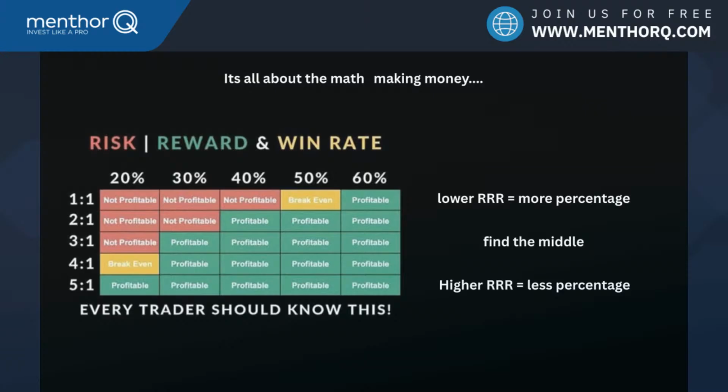On the other hand, if you are trading a 2:1 risk reward ratio, a 30% win rate already makes you profitable, right? This table represents a few extremes like 1:1 and 5:1. Personally, I do not know many traders running a 5:1 risk reward ratio, especially in day trading.